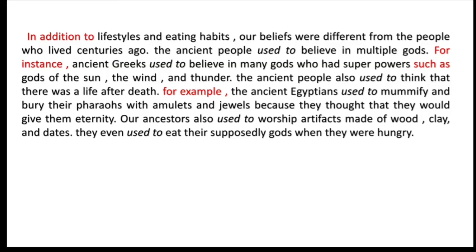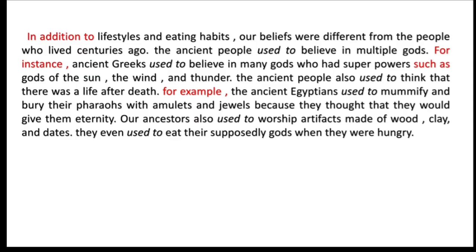So, in addition to lifestyles and eating habits, our beliefs were different from the people who lived centuries ago. The ancient people used to believe in multiple gods. For instance, ancient Greeks used to believe in many gods who had superpowers, such as gods of the sun, the wind, and thunder. The ancient people also used to think that there was a life after death. For example, the ancient Egyptians used to mummify and bury their pharaohs with amulets and jewels because they thought that they would give them eternity.